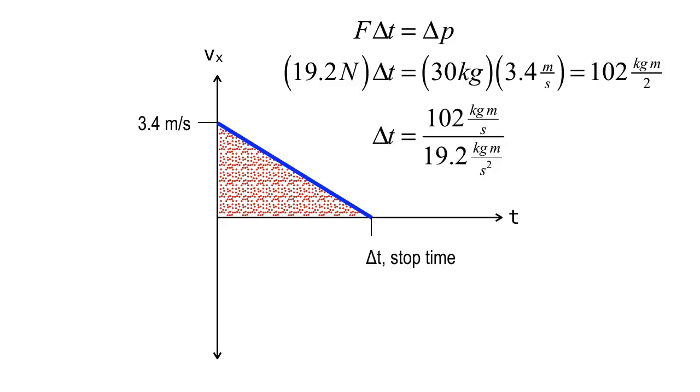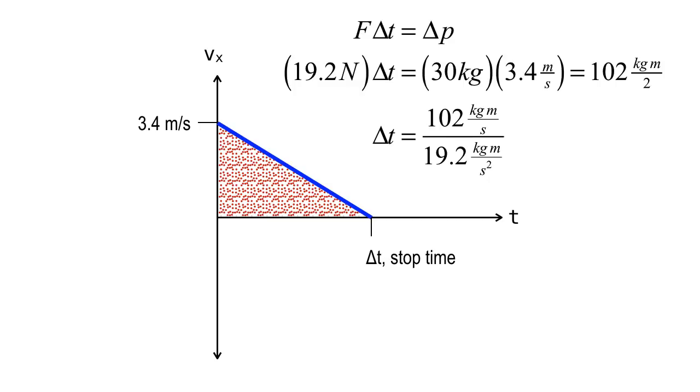So now to get delta T, the stopping time by itself, you divide both sides by that friction force, 19.2 newtons. Okay, and notice that I've changed it from capital N for newtons to kilogram meter per second squared. Perfectly fine. The reason I do that, as I mentioned before, is I like to be able to cancel units. So I can cancel kilograms, top and bottom.